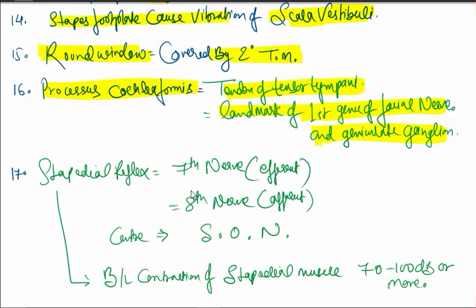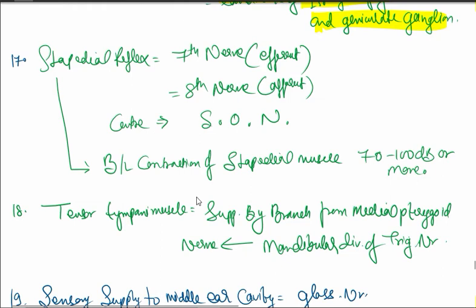Next one, the stapedial reflex. It is bilateral contraction of the stapedius muscle if the patient hears a very loud sound at 70 to 100 decibels or more. The efferent path is by the 7th nerve, the afferent by the 8th nerve, and the center is the superior olivary nucleus, SON.